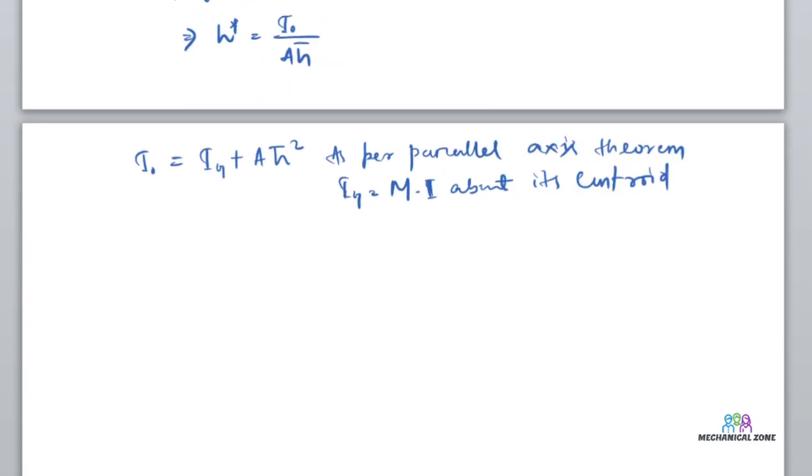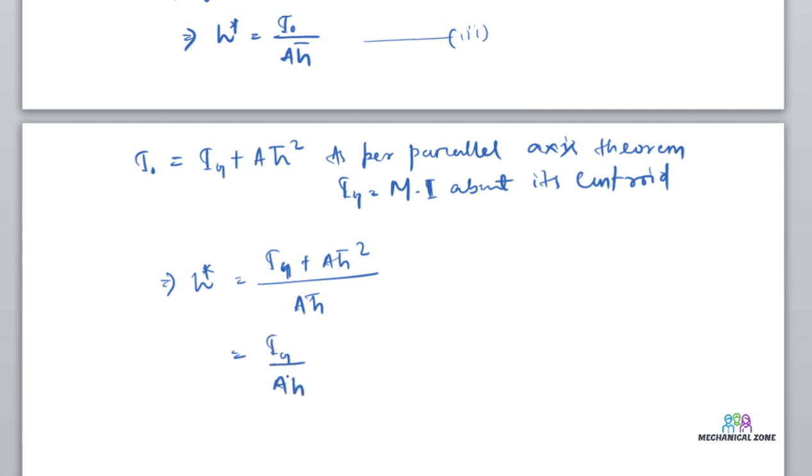So put the value of I0 in equation 3, or h star will become Ig plus A h bar square by A h bar, which is equal to Ig by A h bar plus A h bar square by A h bar.